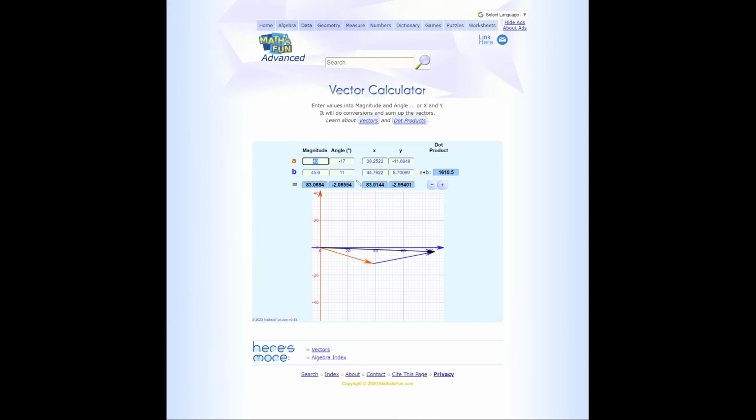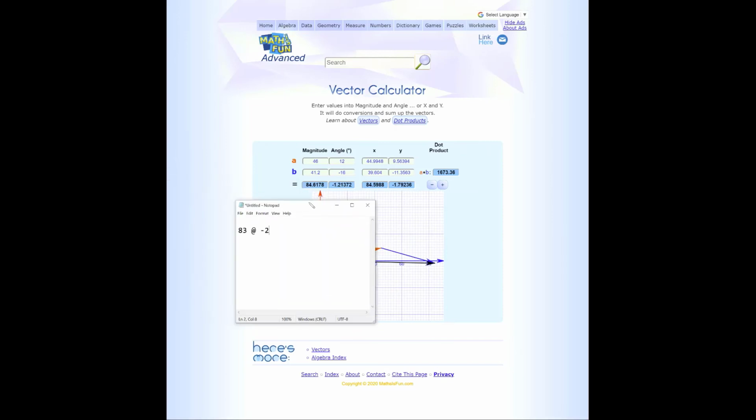So D had a final momentum of 46 and it bounced off at 12 degrees, and momentum C had a value of 41.2 and it dipped down at minus 16 degrees.